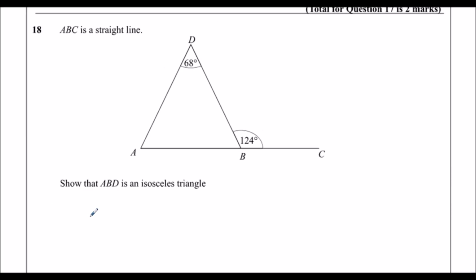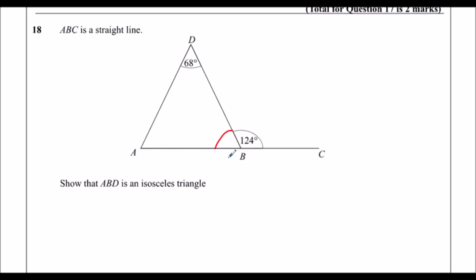Question 18. ABC is a straight line, which we can see on the diagram. Show that ABD, the triangle, is an isosceles triangle. So in an isosceles triangle, the two angles at the base are equal. We can find the missing angles, and if two are equal, then it's an isosceles triangle.